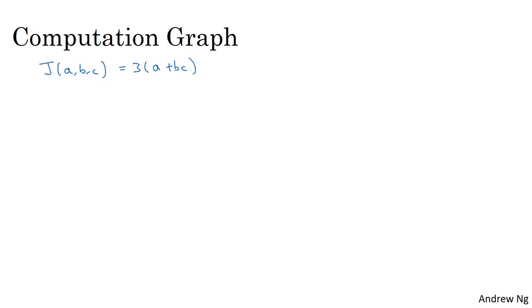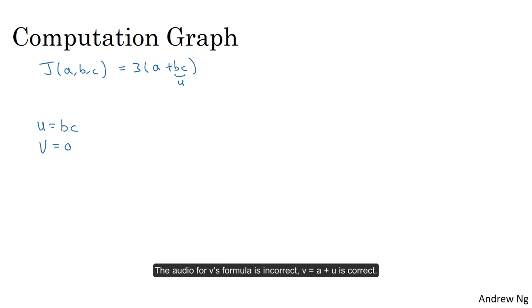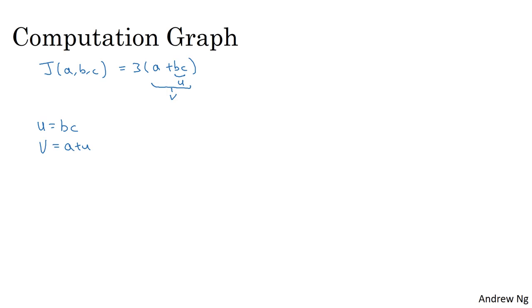The first is you need to compute b times c, and let's say we store that in a variable called u, so u is equal to b times c. And then you might compute v, which is equal to a plus u, so let's say this is v. And then finally your output J is 3 times v, so this is your final function J that you're trying to compute.